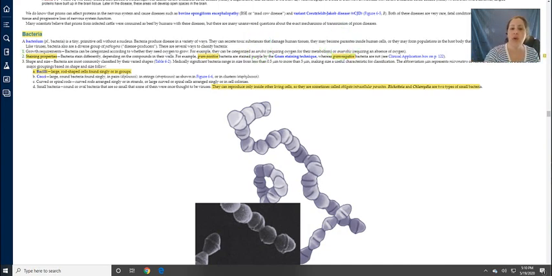Okay, the next one is called staining. And you will see this in your coding. You'll read a chart note and it'll talk about this being gram positive or gram negative.